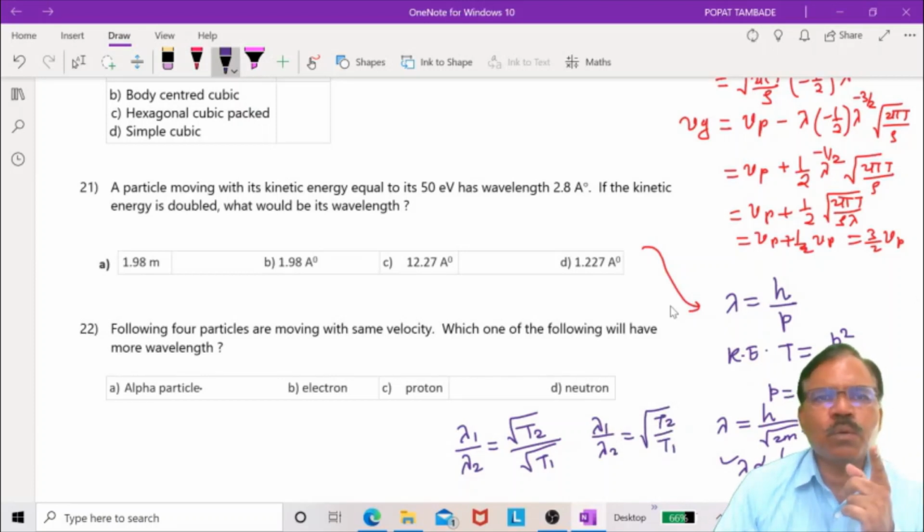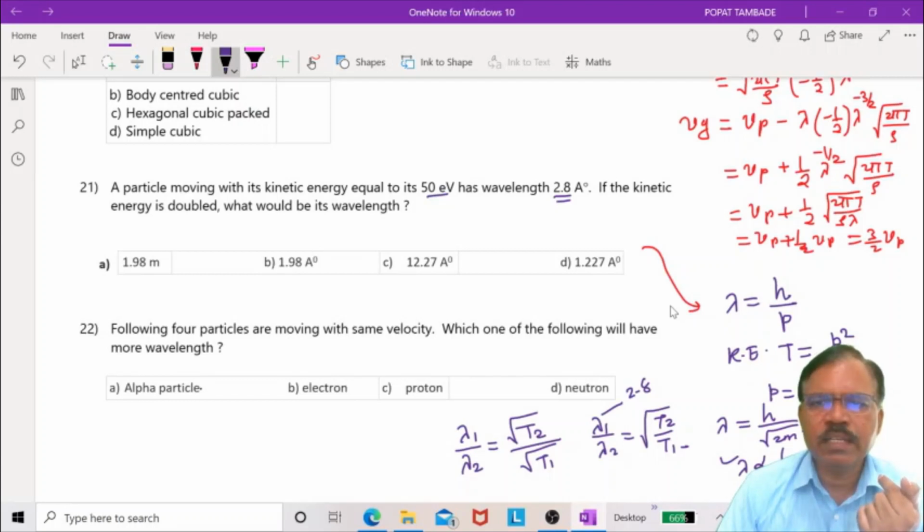Now, what is given in the problem? A particle moving with its kinetic energy equal to 50 electron volt has wavelength 2.8. So I can take this as 2.8 and this is 50. If the kinetic energy is doubled, means T2 is twice of T1, what is the wavelength?